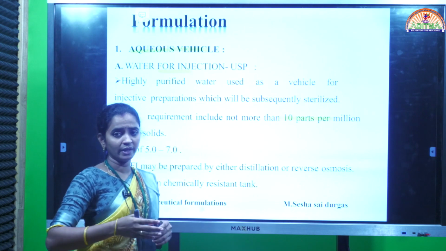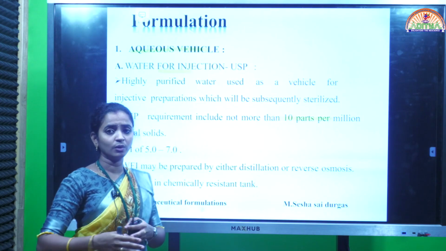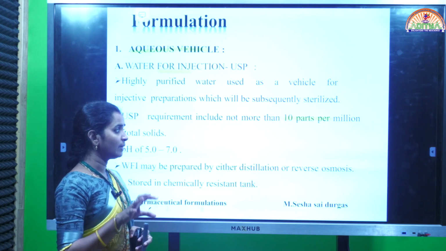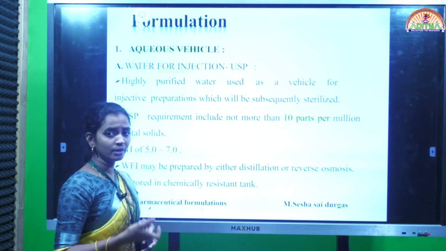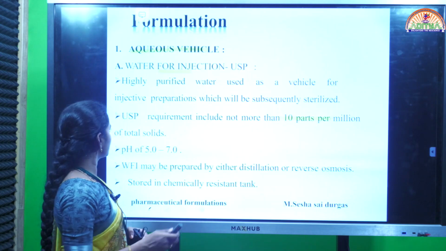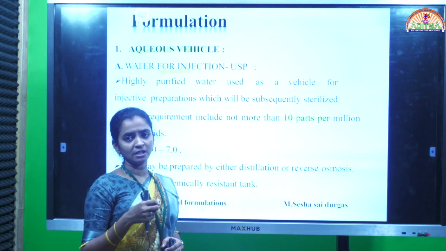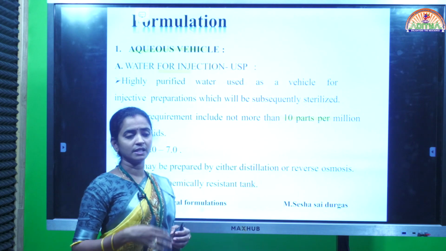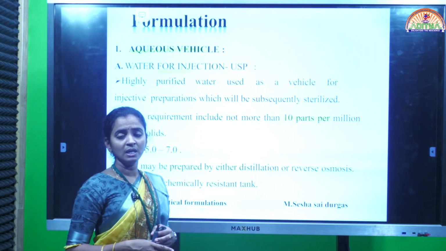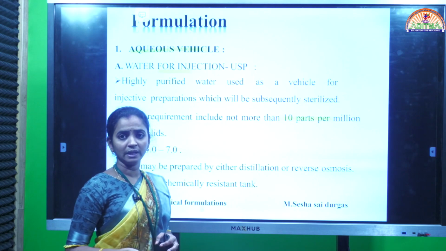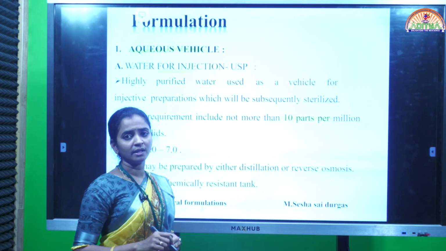How they are classified into water for injection, sterile water or distilled water depends on the particular limitation for foreign particles. Foreign particles means sometimes some particulate matter may be present in the vehicle even after sterilization or distillation. Maybe we can't observe it visually, but it has such contamination.